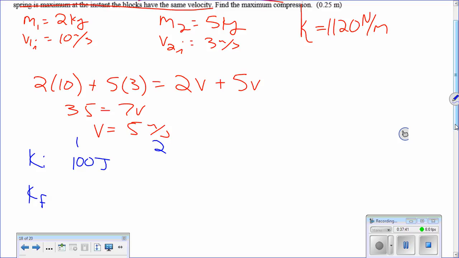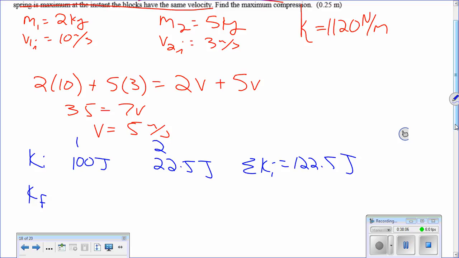No, 22.5. So that means our total kinetic energy initially is 122.5 joules. Let me double check my notes since I just did that in my head. Yes, very good. All right, so that's the kinetic energy we had before the collision.